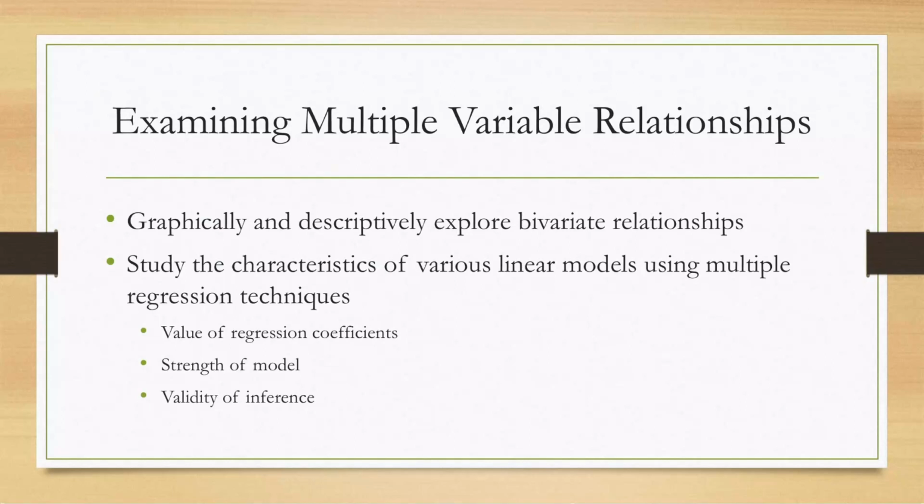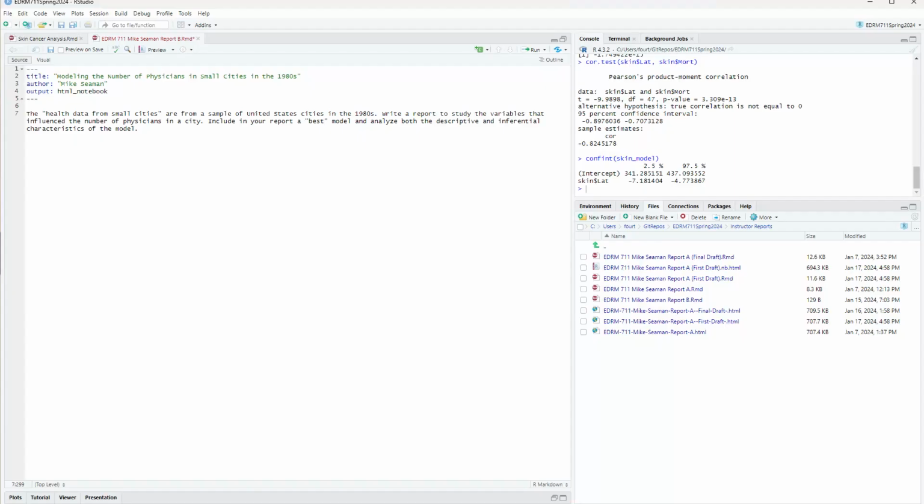Let me show you a little bit about what I mean by actually looking at an example. And I'm going to start by looking at my notebook for a report that I'm going to construct. This report is going to model the number of physicians in small cities in the 1980s. So I've pasted in a question here for myself to answer. The health data from small cities are from a sample of United States cities in the 1980s.